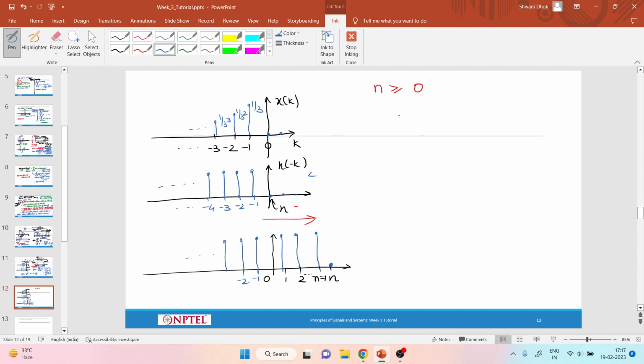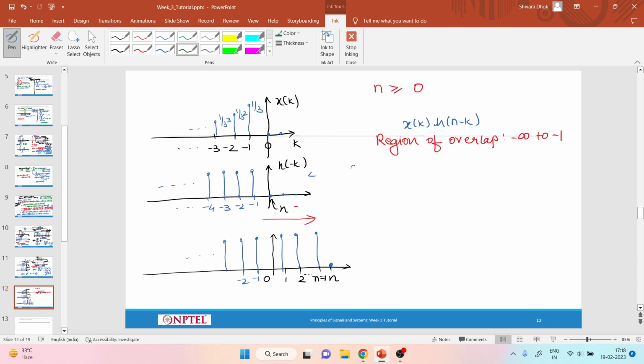Now if I consider this region x of k into h of n minus k, this is non-zero from minus infinity to minus 1. This is non-zero from minus infinity to n minus 1, where this n is now greater than minus 1. So my region of overlap is complete thing from minus infinity to minus 1.